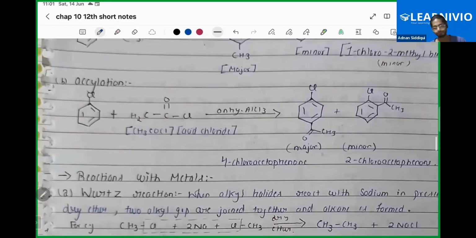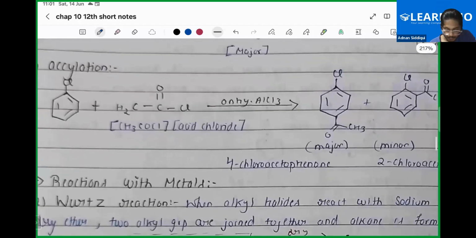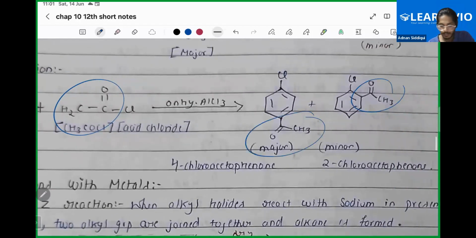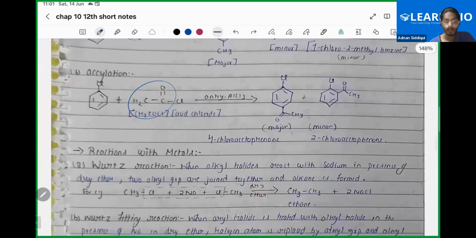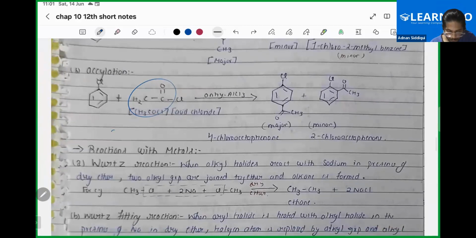Now acylation. See, this is an acid chloride and this part is the acyl part. Addition of this part is Friedel-Crafts acylation, at the ortho and para positions. For example, if I am having C2H5 C double bond O Cl, and I add this part at the ortho and para positions, it will be called acylation.